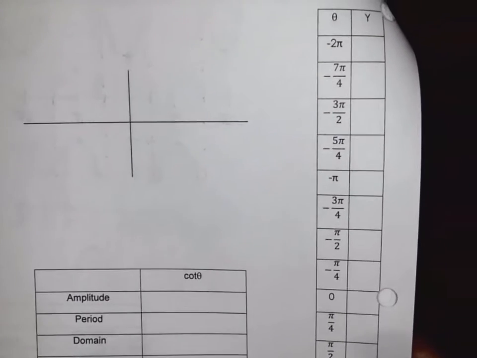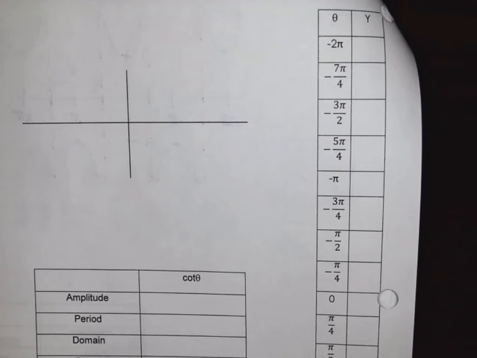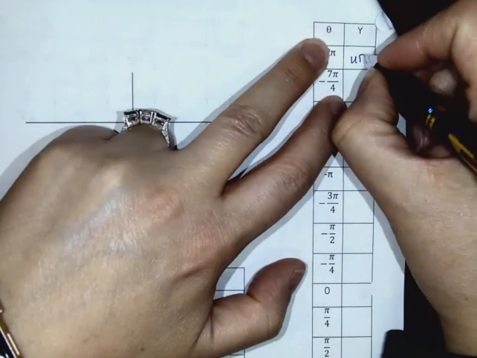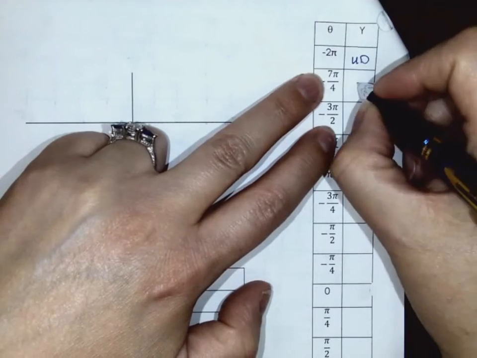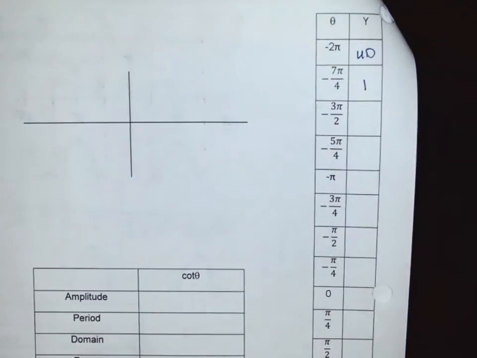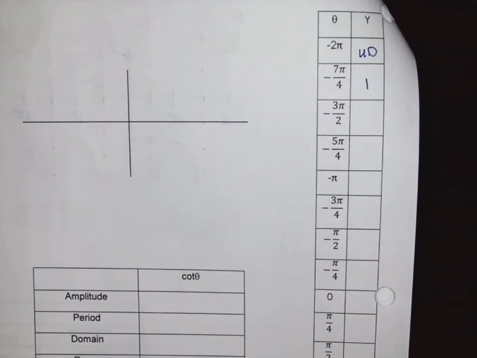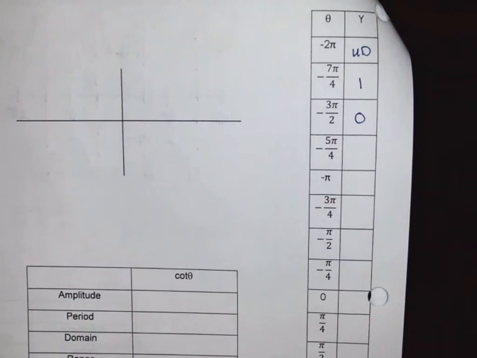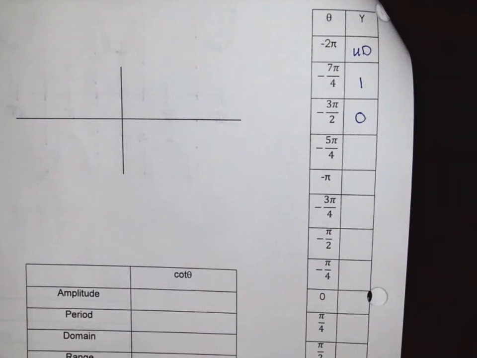Okay, so now we have to reciprocate everything. So if it was 0 at 2 pi, what is it now? Undefined. And if it was 1, it's still 1. If it was undefined, it's 0 now. We're doing cotangent graphs. Yeah, sorry. I thought we'd already done the tangent graph, and this is the reciprocal functions.